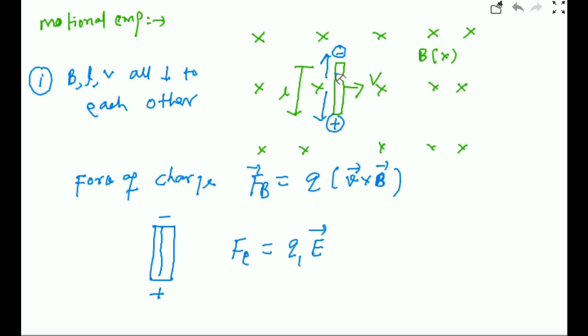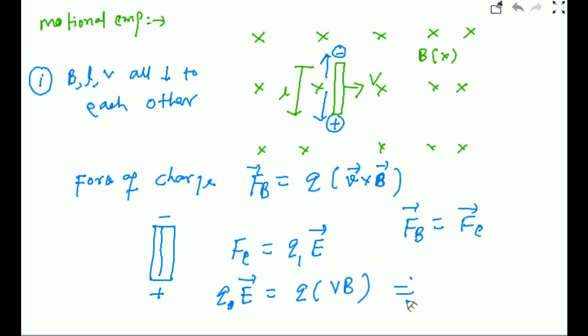Charge keeps accumulating until these two forces, magnetic force and electric force, are equal. At that time the accumulation stops. So you can write Q into E equals Q into VB, because V and B are perpendicular to each other.